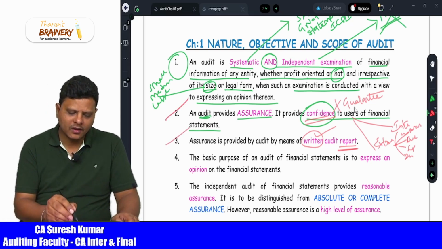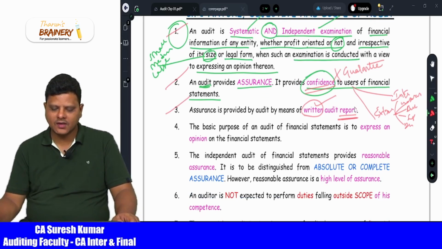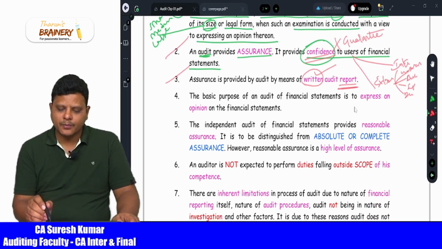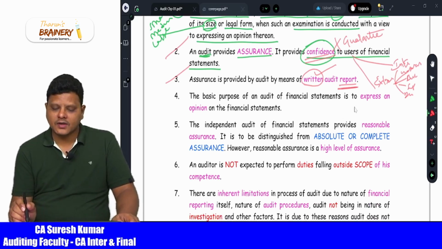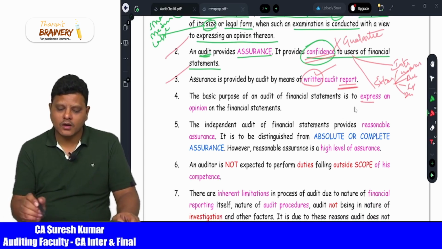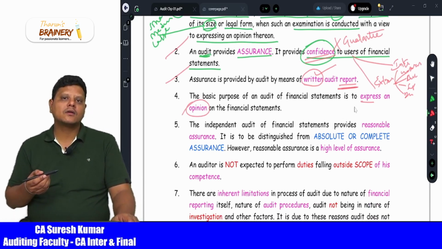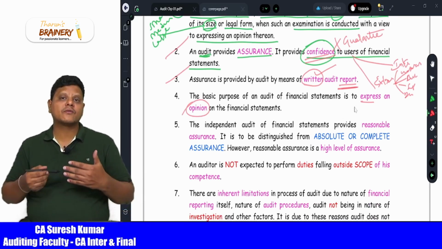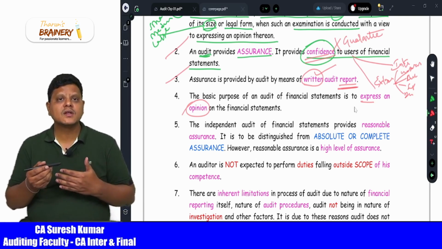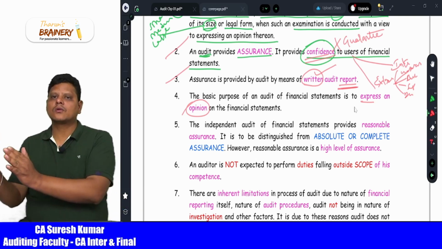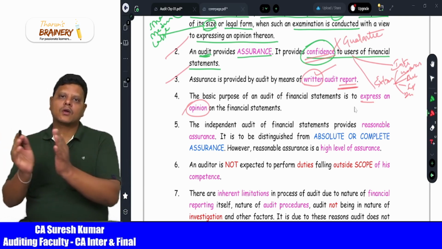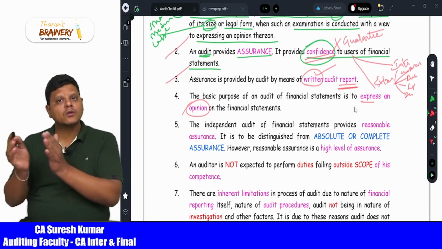Now coming to another key area for examination. The basic purpose of audit of financial statements is to express what? An opinion, as we said earlier. Why am I doing audit? I am doing audit to give the opinion.